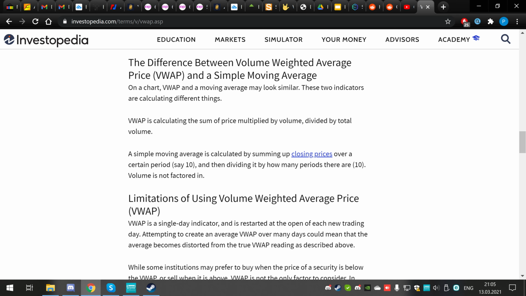A simple moving average is calculated by summing up closing prices over a certain period and then dividing by how many periods there are. Volume is not factored in. That's the biggest mistake of moving averages, because volume is very critical in trading.